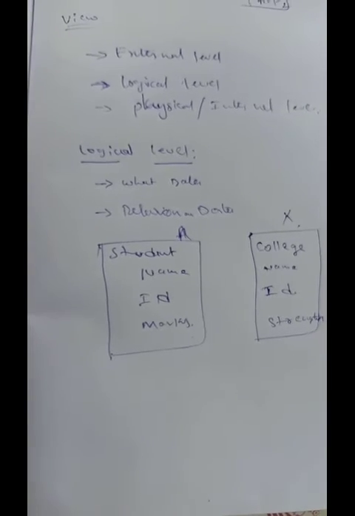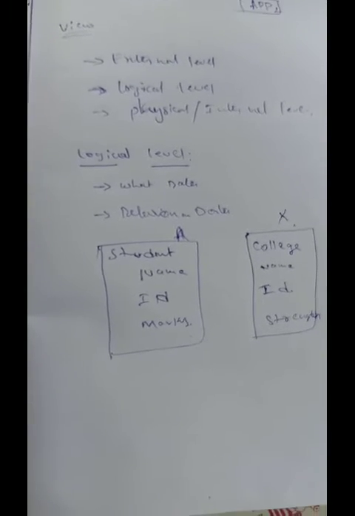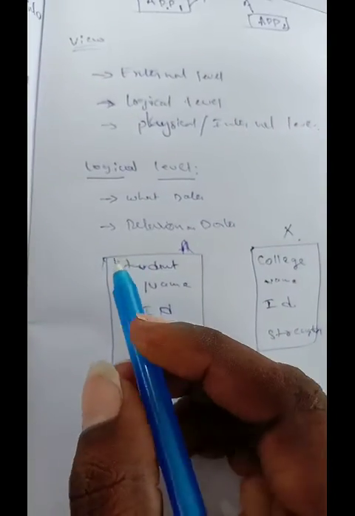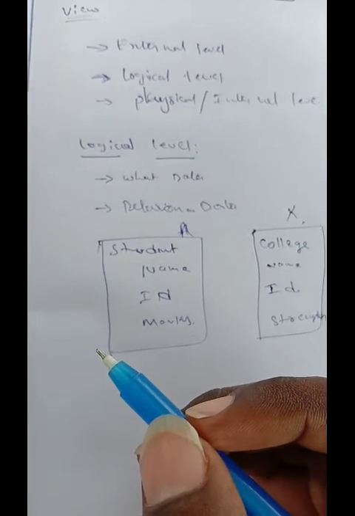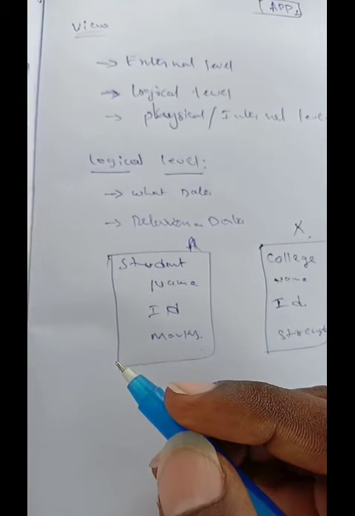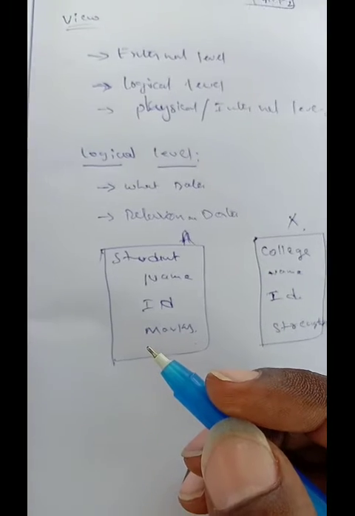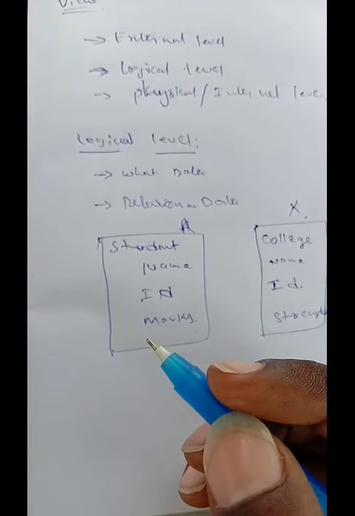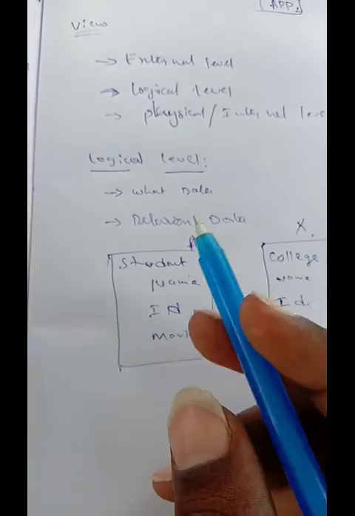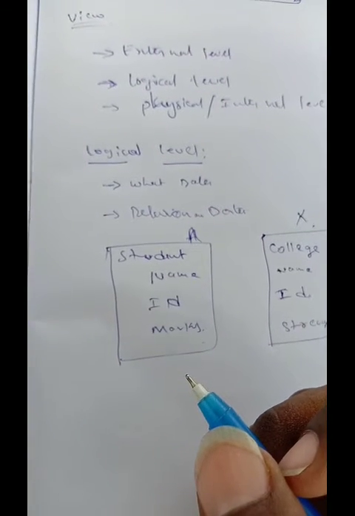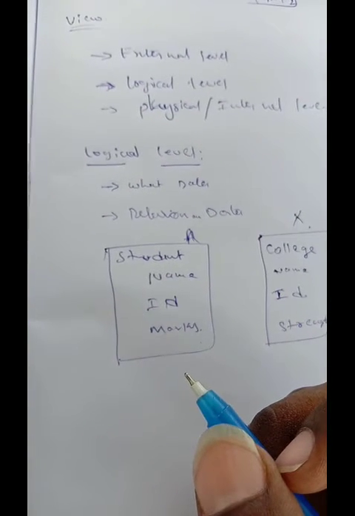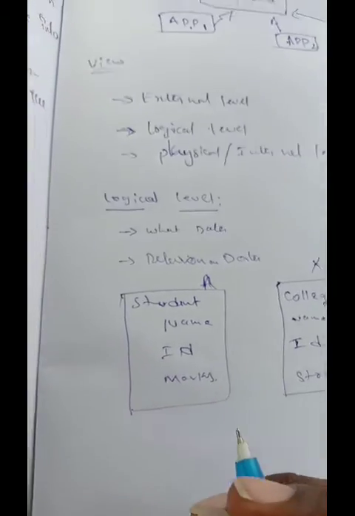This view represents these things in such a way that the complexities in processing are not identified by the physical level or external level. Those things are dealt with by the logical level view.